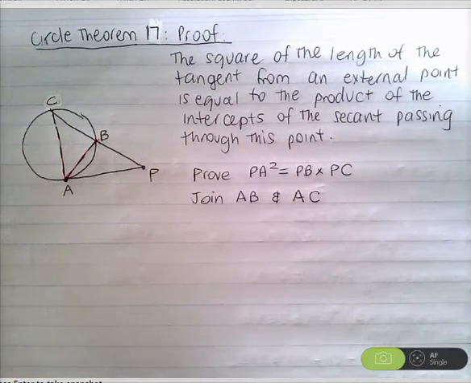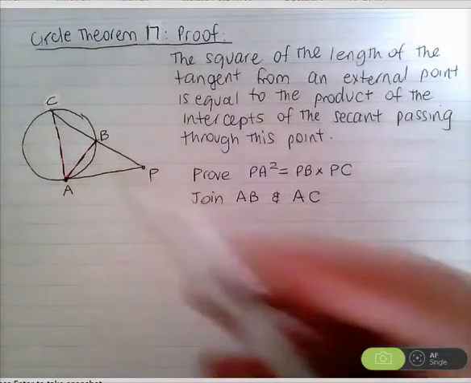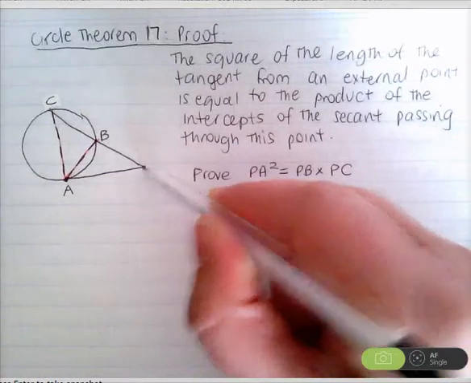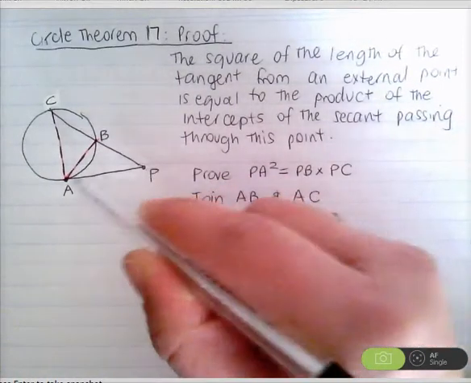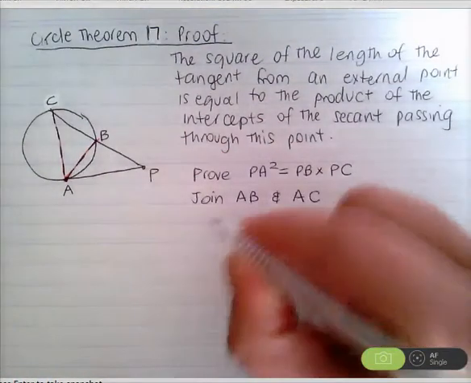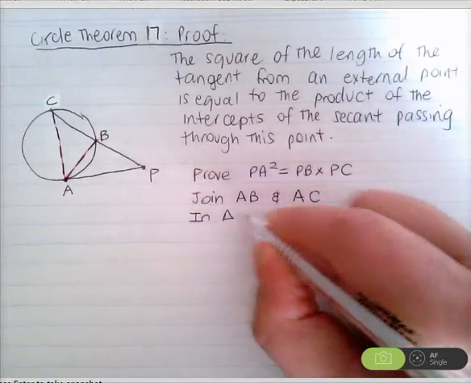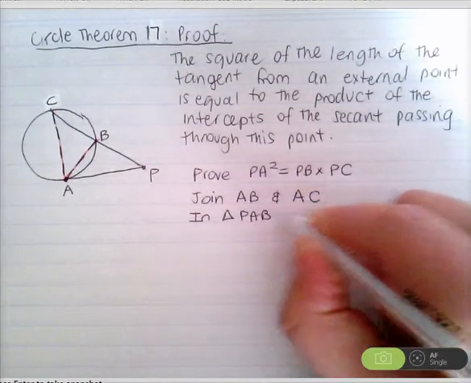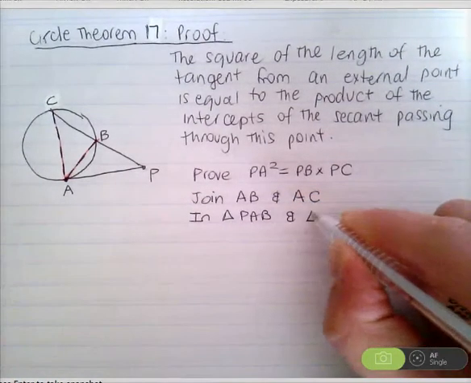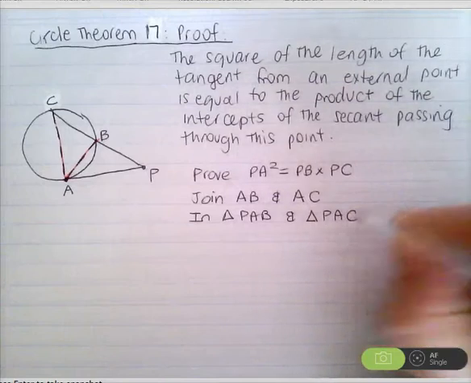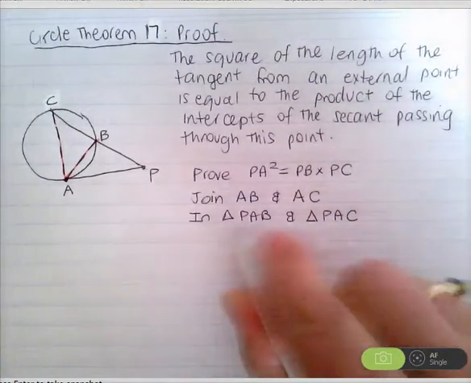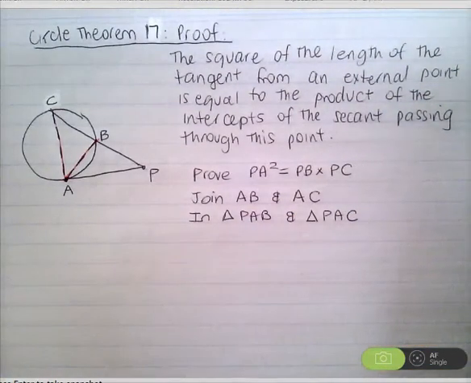Now if we're going to prove that PA squared equals PB times PC, we're obviously going to need to prove that triangle PAB is similar to triangle PAC. So we'll start with that. In triangle PAB and triangle PAC, I don't know the order yet, because I'm trying to prove that they're similar.